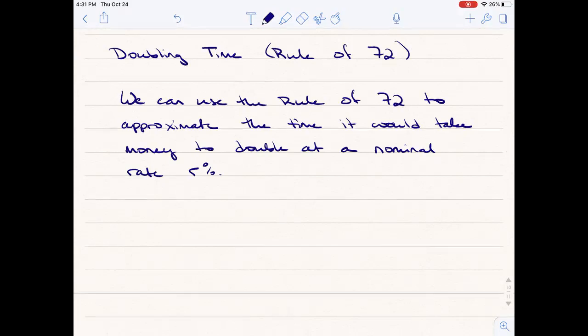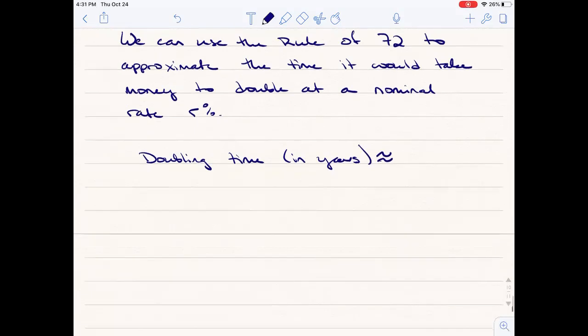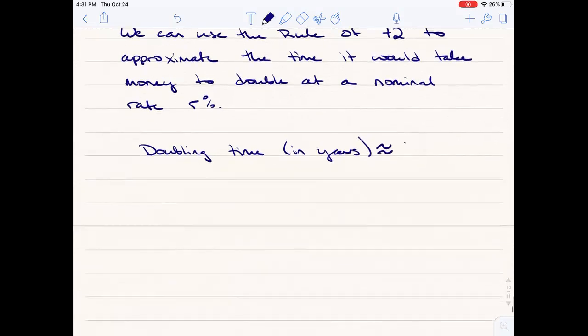So the formula is that the doubling time in years is roughly 72 divided by R as a percentage.